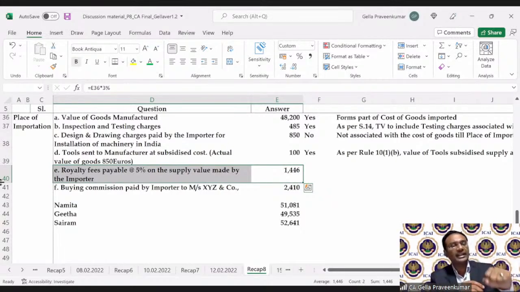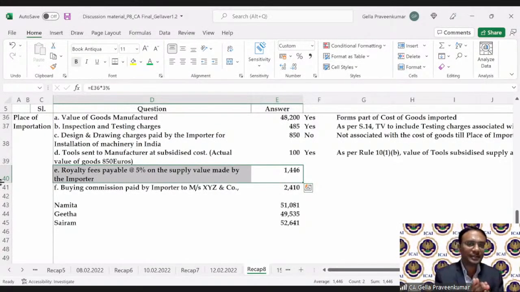So Praveen in India sells these goods to Sairam. For the value which has been realized from Sairam, in turn, Praveen pays back to Priya as royalty. How much? 1,446.